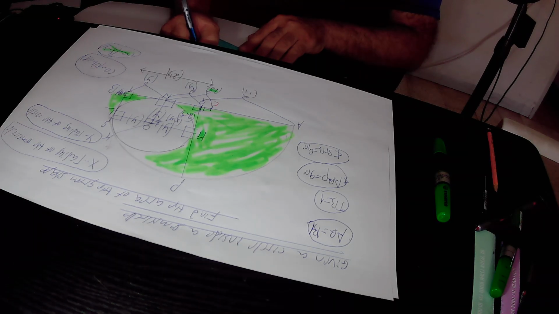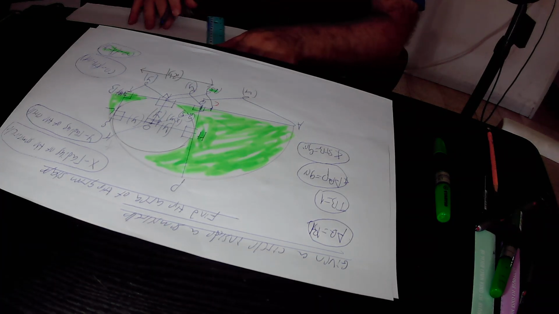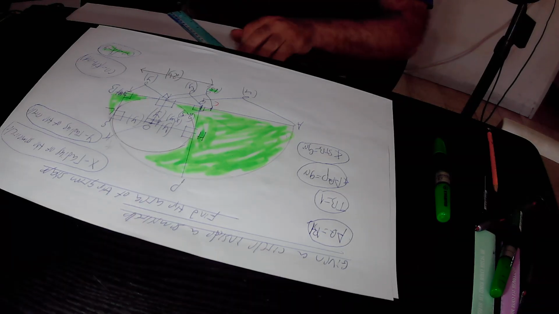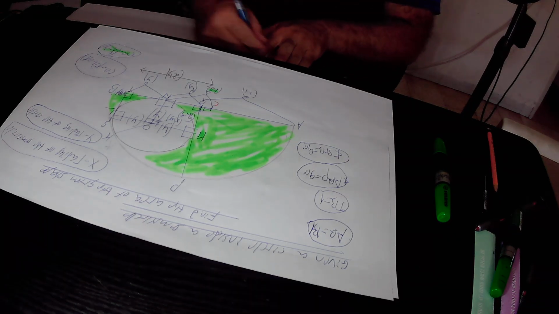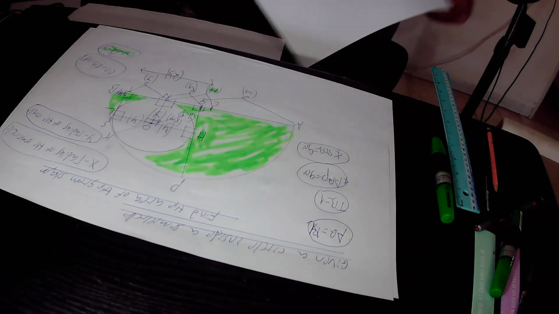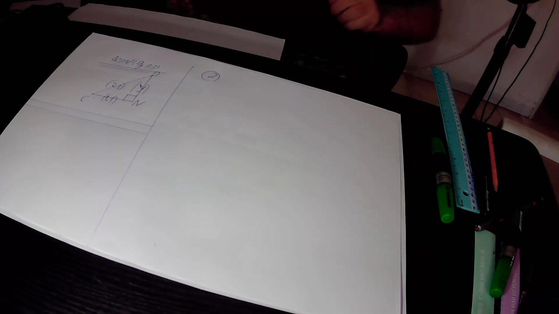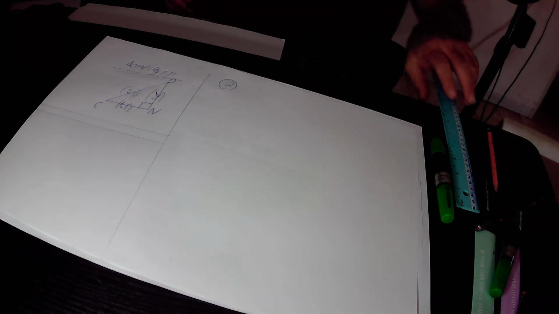So here we apply the Pythagorean theorem. Actually, this is the right triangle OCN according to the original drawing. This is right triangle OCN.